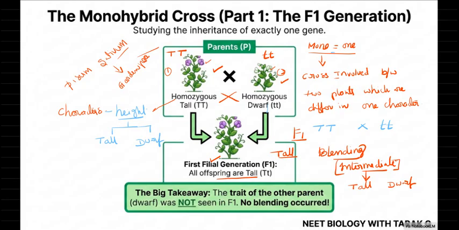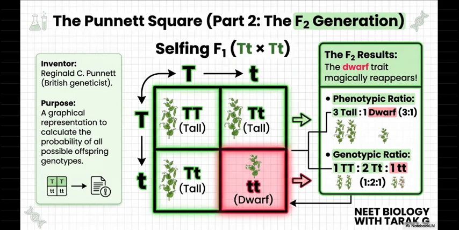In the F1, all are tall plants, resembling one of the parents, and none were dwarf. It means there is no intermediate height, either tall or dwarf only. That's the monohybrid cross.